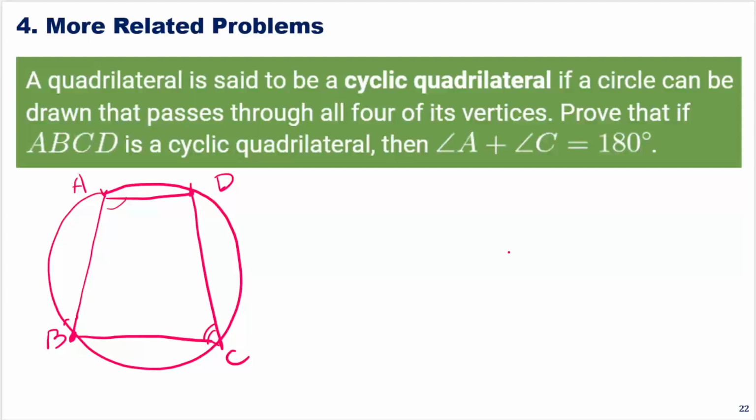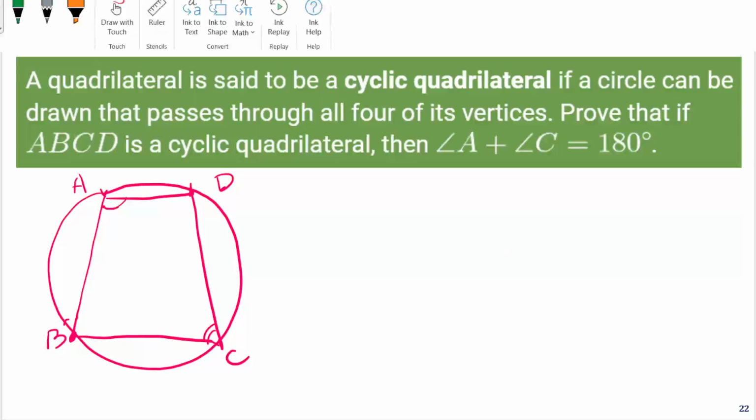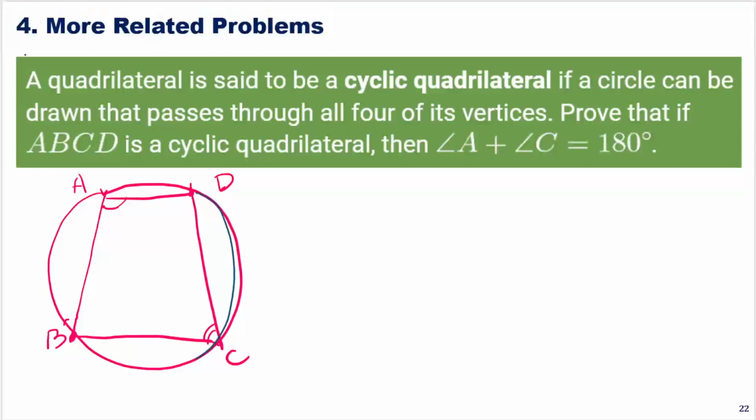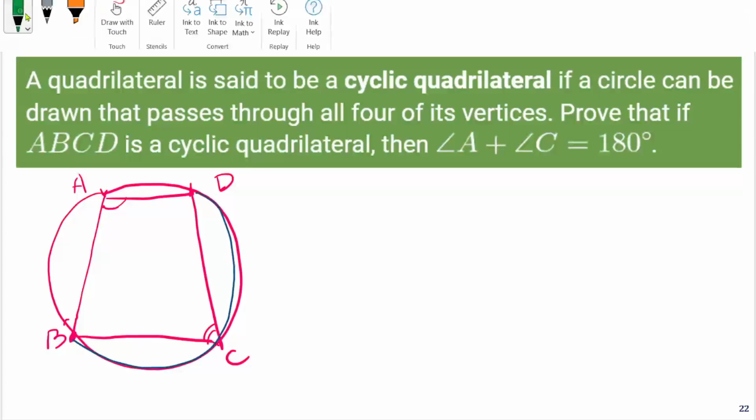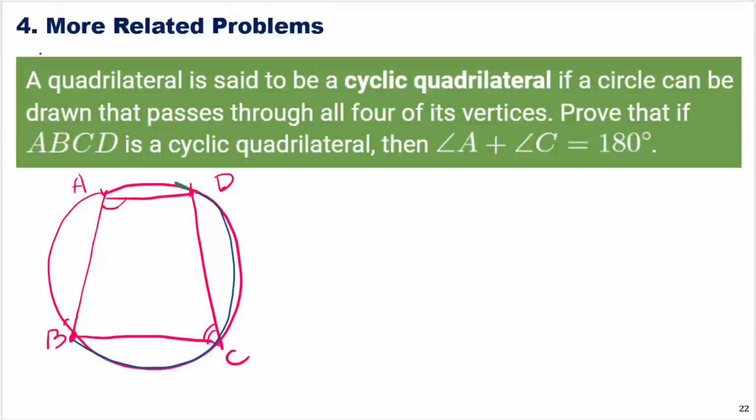So note that angle A is the inscribed angle of the arc, the longer arc DCB here, right? You see that? And angle C is also an inscribed angle of this arc. And actually the sum of these 2 arcs equals 360, right? And we know inscribed angles are just 1/2 of the corresponding arc.